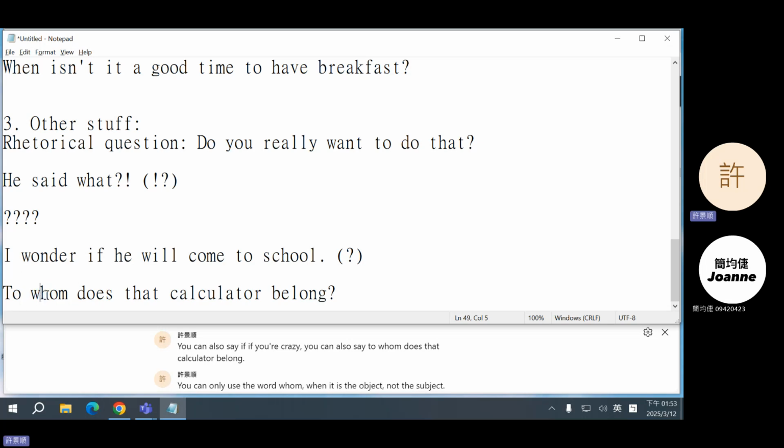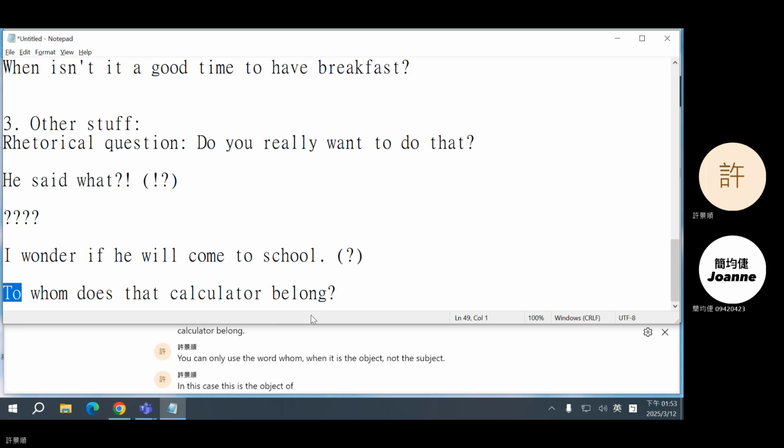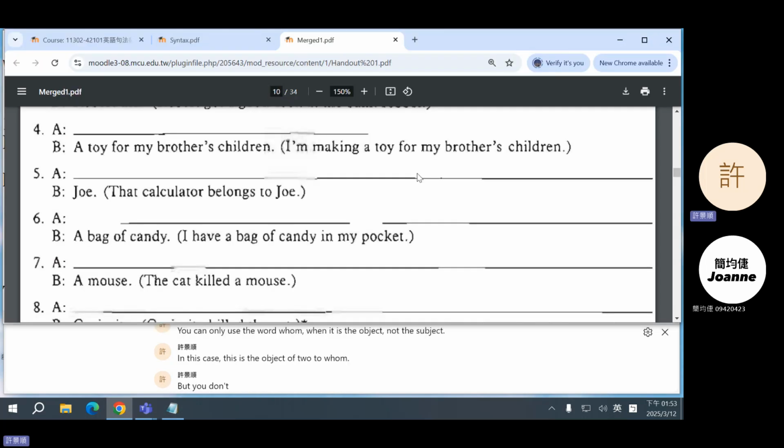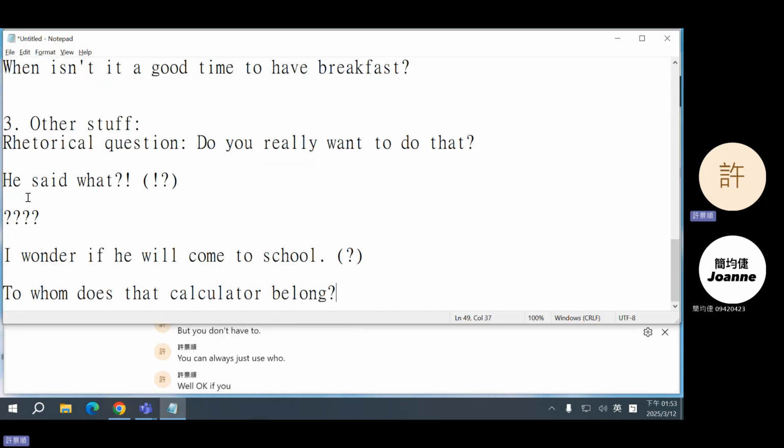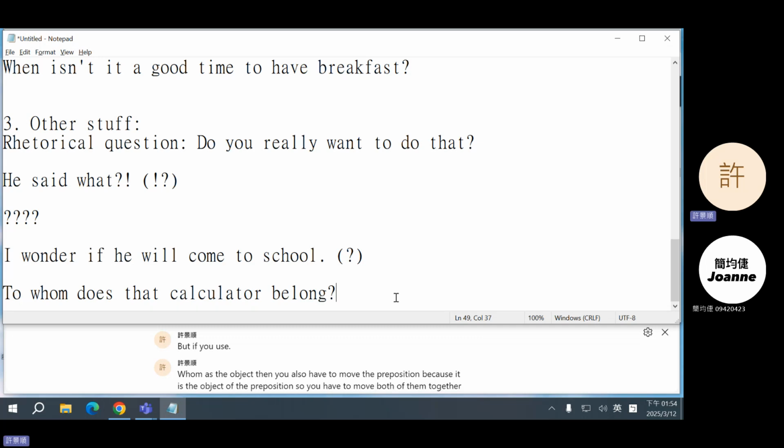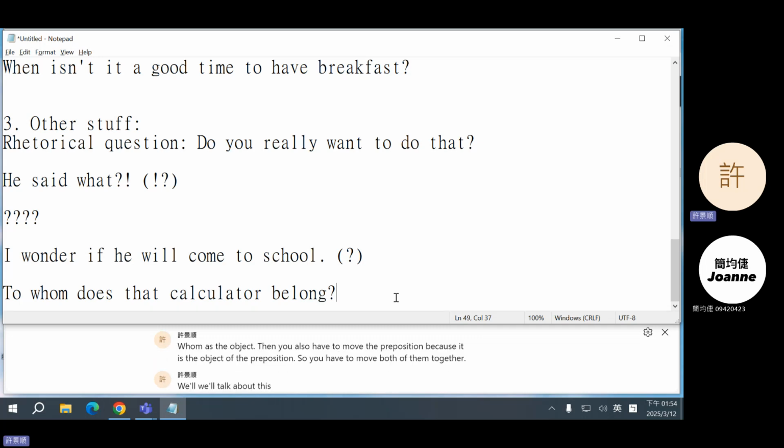In this case, this is the object of to. To whom? But you don't have to. You can always just use who. If you use who, then you should not move the to. You just begin with who. Who does that calculator belong to? But if you use whom as the object, then you also have to move the preposition because it is the object of the preposition. So you have to move both of them together. We'll talk about this more in the second half of the semester.